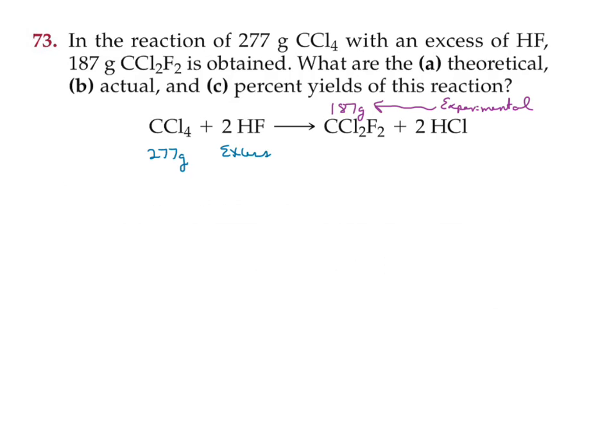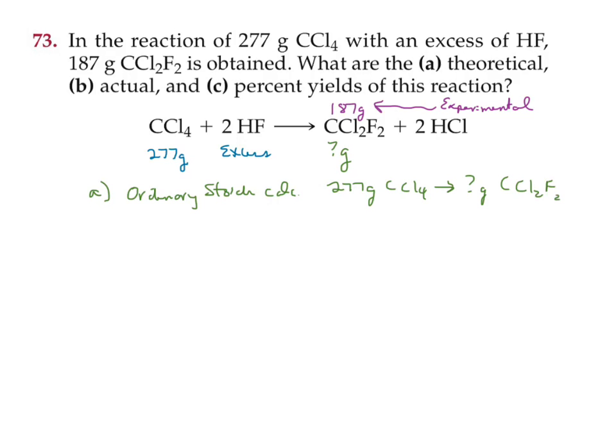Okay, so this one is kind of straightforward. It says that you have 277 grams of CCl4, excess HF, and your experimental yield of the CCl2F2 is 187 grams. I don't have a whole lot to add to what we've been talking about. Oh yeah, I guess I do.